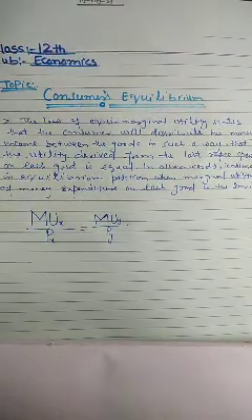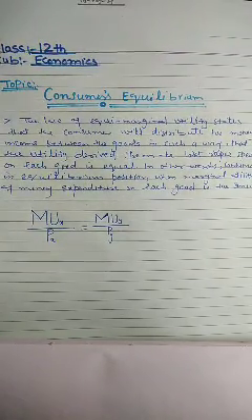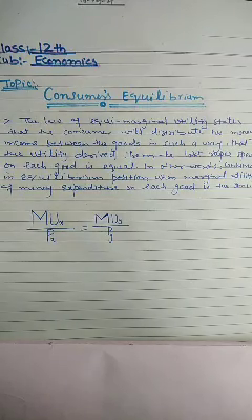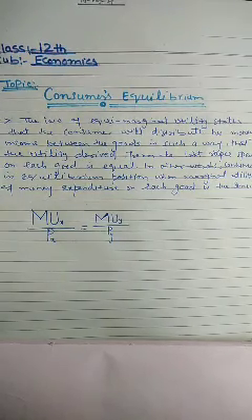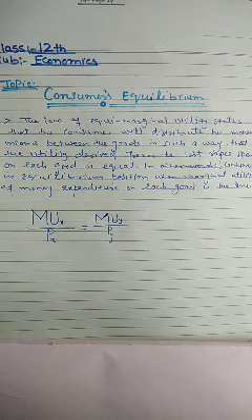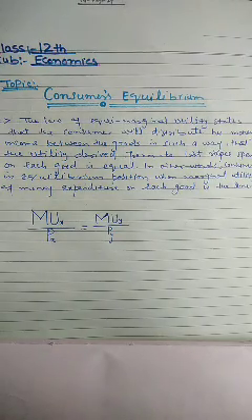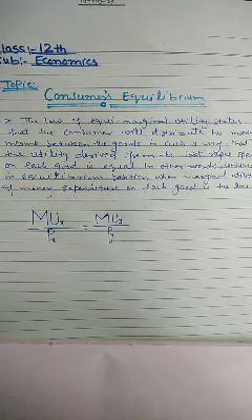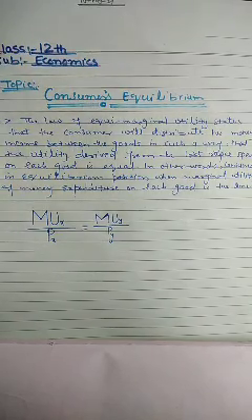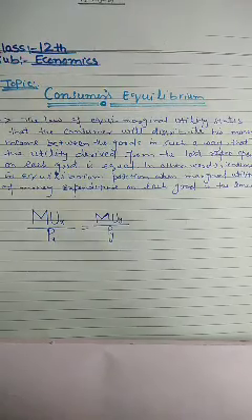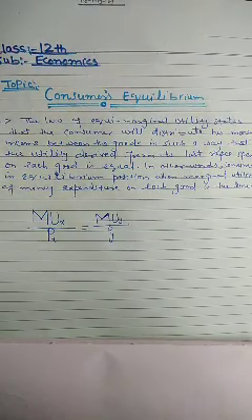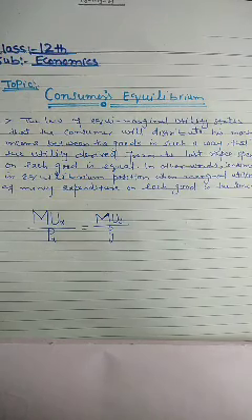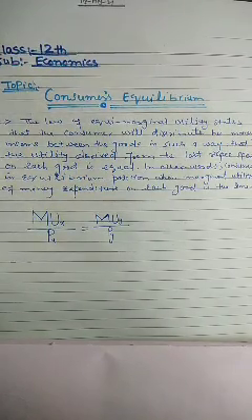Dear students, the first one, consumer's equilibrium in case of one commodity, is explained through the law of diminishing marginal utility, which states that the consumer will go on buying successive units of any commodity till the point where marginal utility of the commodity becomes equal to the price of the commodity.